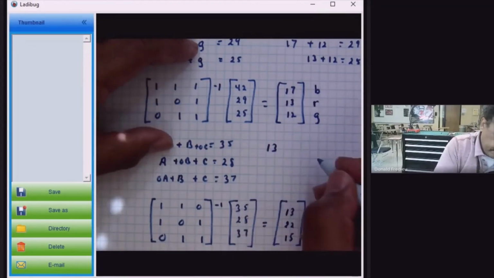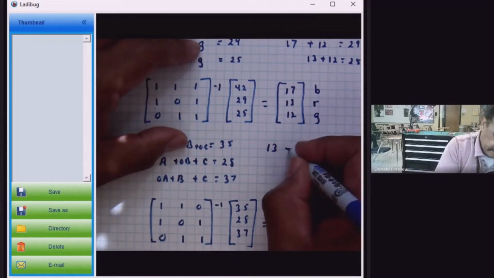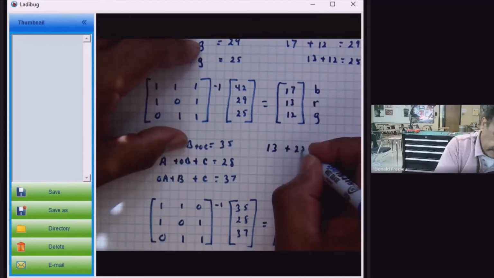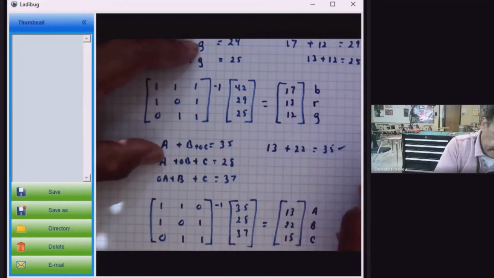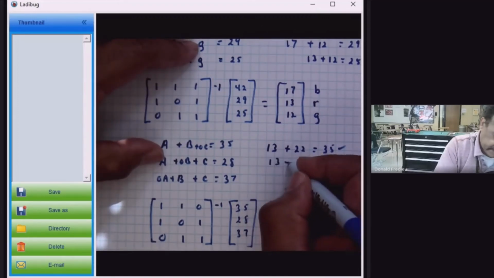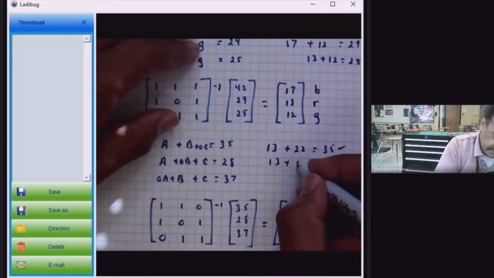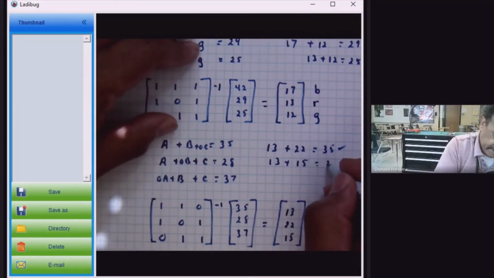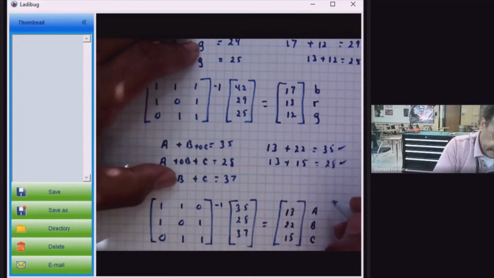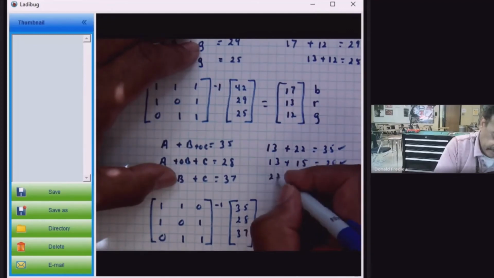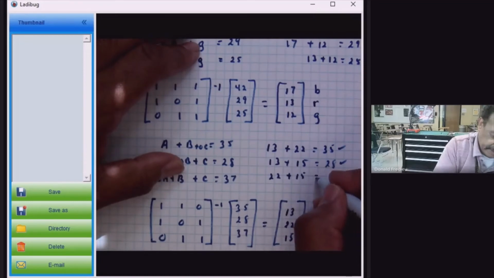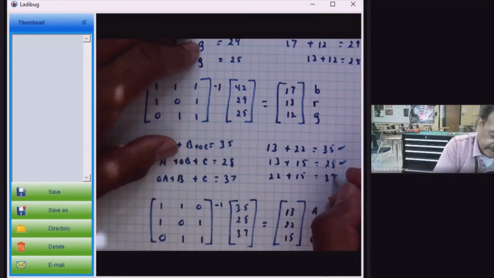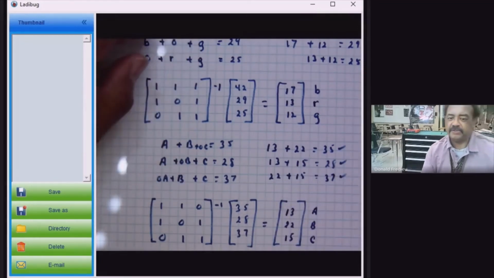We had A plus B, and that should equal 35, and it does. Then A plus C is 15, should be 28, and it is. Then B, 22, plus C, 15, should be 37, and it is. So that's your solution.